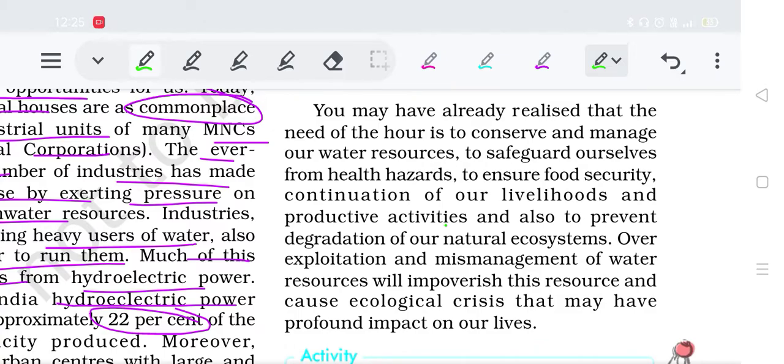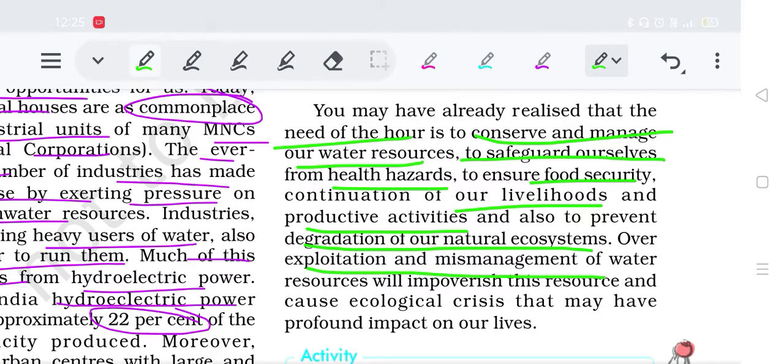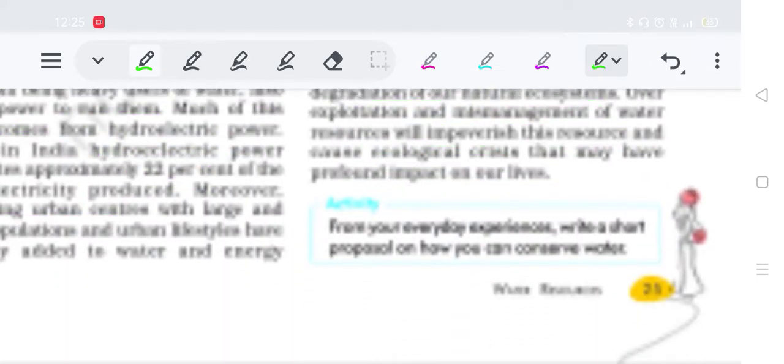You may have already realized the need to conserve water and manage our water resources, to safeguard ourselves from health hazards, to ensure food security, continuation of livelihoods and productive activity, and also to prevent degradation of natural ecosystems. Overexploitation and mismanagement of water resources will impoverish the resource and cause ecological crises that may have a profound impact on our lives.